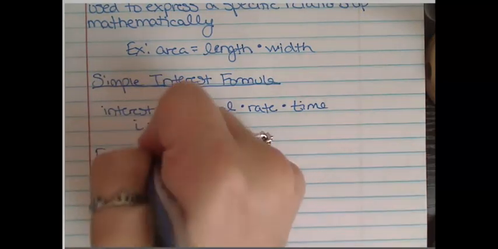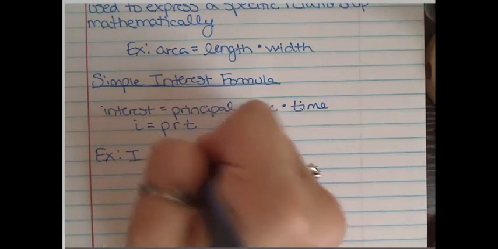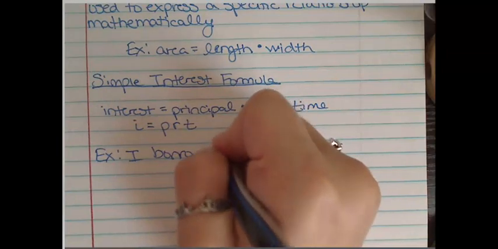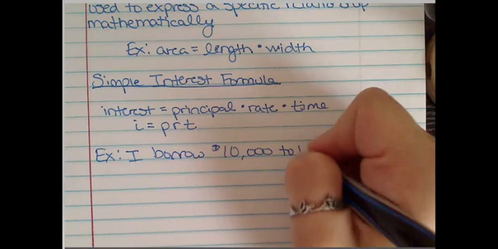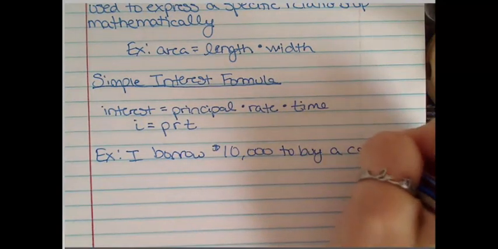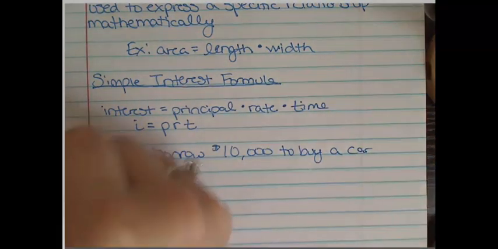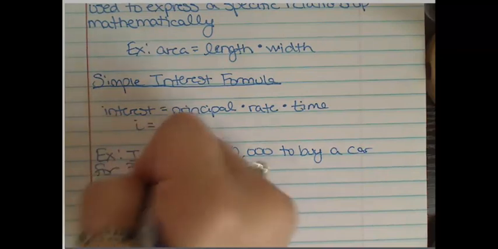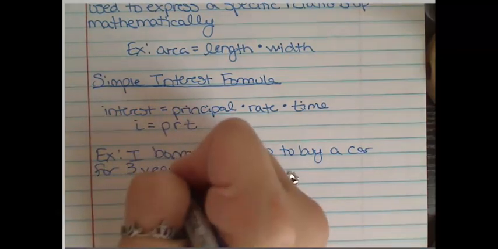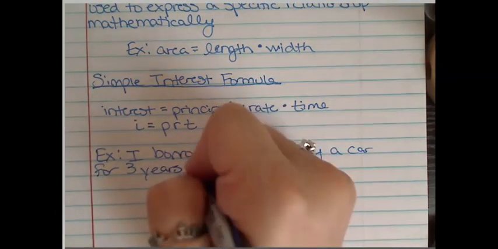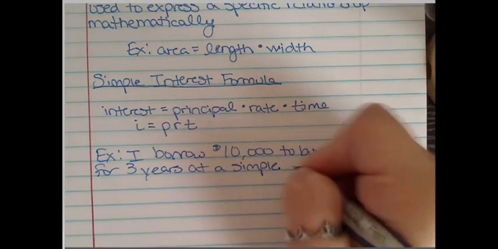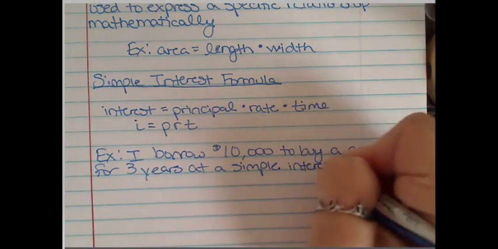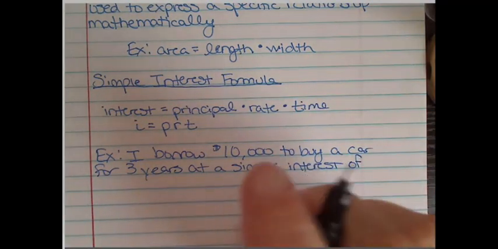I borrow $10,000 to buy a car. And I'm going to borrow that money for 3 years at a simple interest of 5%.